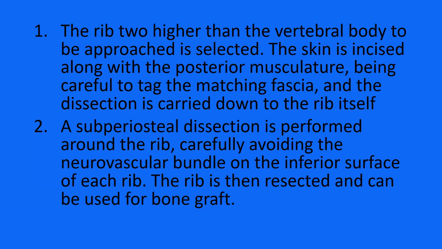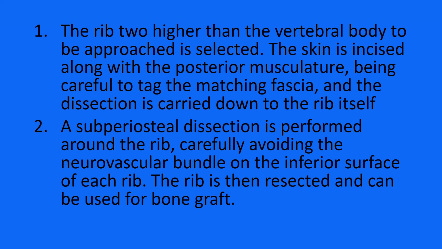The rib 2 levels higher than the vertebral body to be approached is selected. The skin is incised along with the posterior musculature, being careful to tag the matching fascia, and the dissection is carried down to the rib itself.